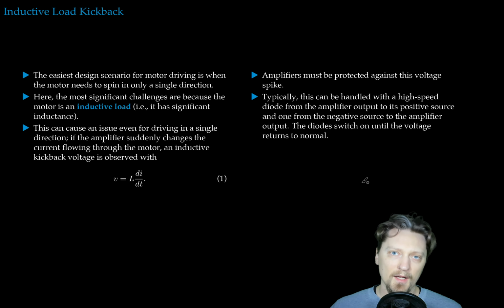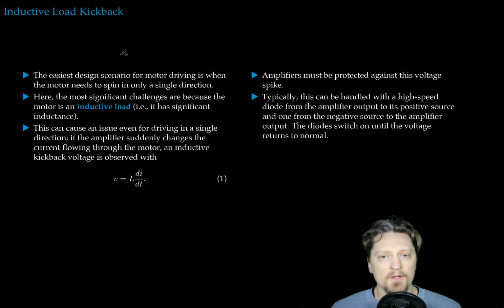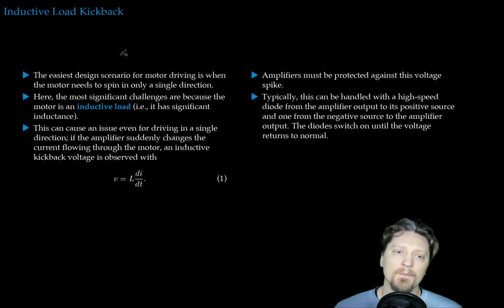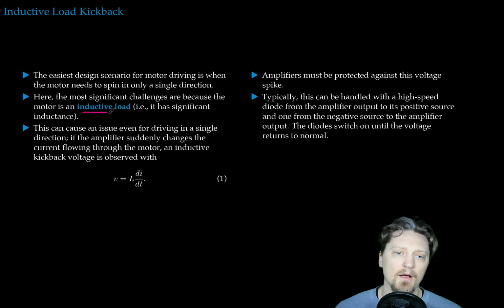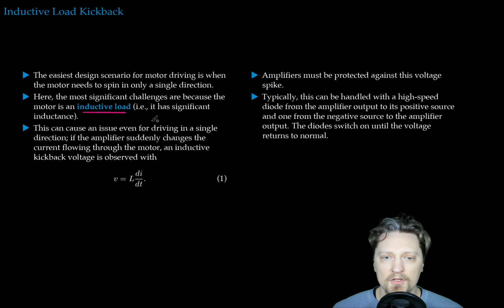Inductive load kickback. The easiest design scenario for motor driving is when the motor needs to spin in only a single direction. Here, the most significant challenges are because the motor is an inductive load, i.e., it has significant inductance. This can cause an issue even for driving in a single direction.